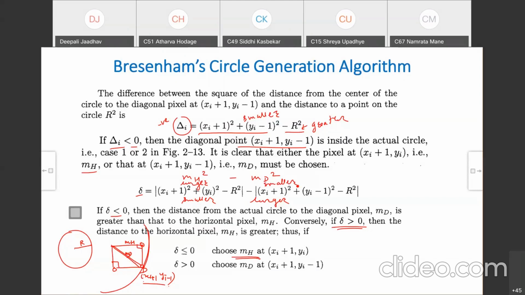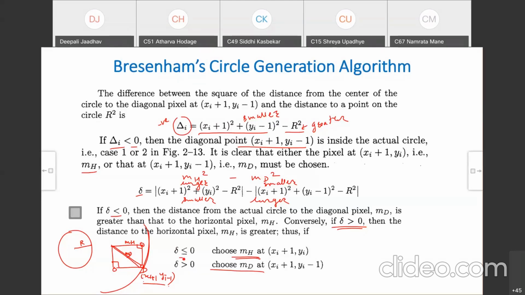Which is smaller? The diagonal point is smaller, meaning the diagonal is closer. So in that case, select the diagonal MD. So if delta is less than or equal to 0, choose MH. If delta is greater than 0, then choose the diagonal point.